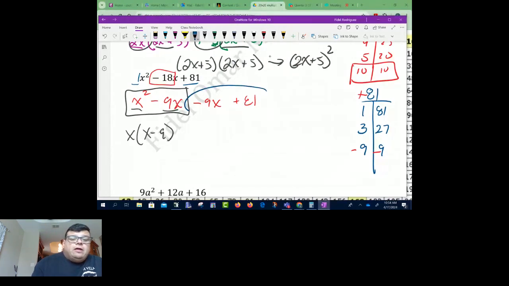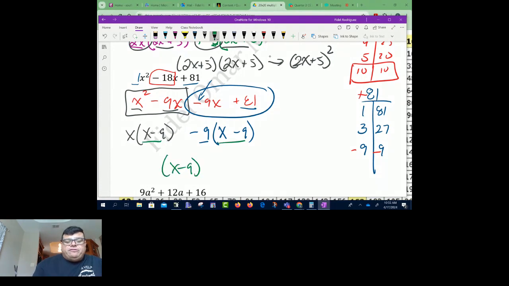Over here, I can take out that minus 9, and I still got an x, and 81 divided by negative 9 is still a negative 9. And if you notice, both those match up, x minus 9. That's the same factor, so why don't we just write it as x minus 9 all squared, right?